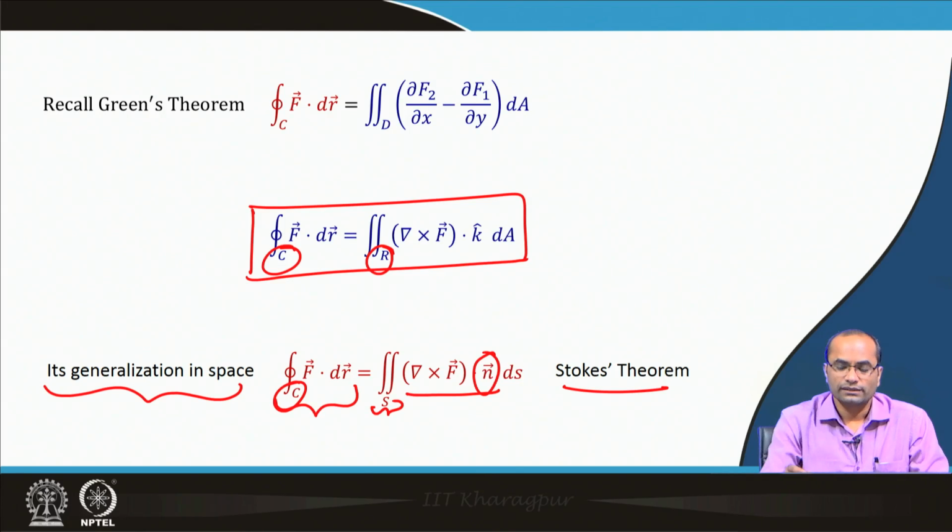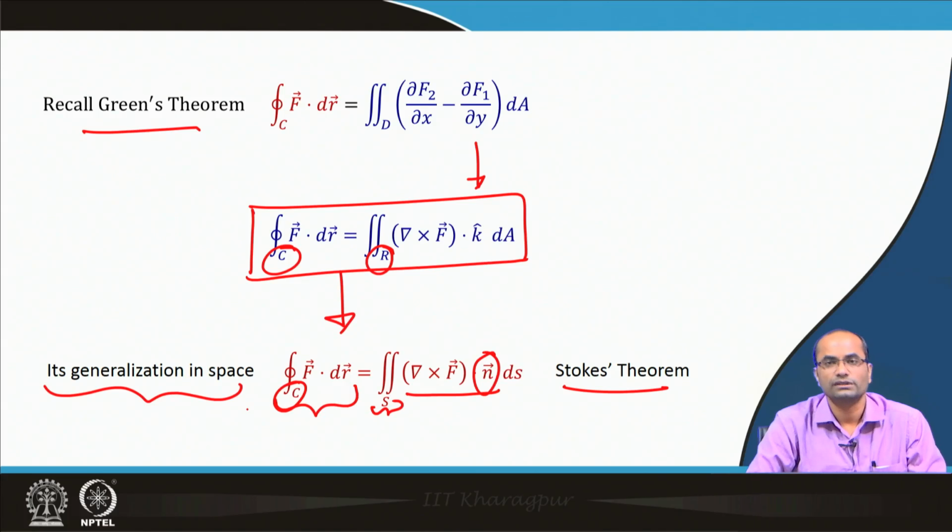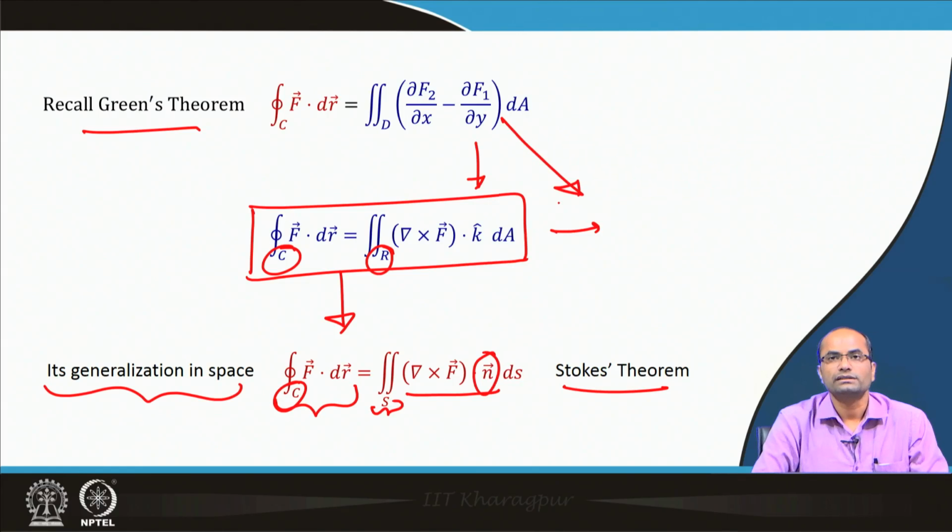This is one form of writing Green's theorem, where the generalization was trivial to observe. Now there is another form in which we can rewrite Green's theorem. Instead of the curl, we will use the divergence, and from that form we can extend to another result, called the divergence theorem.